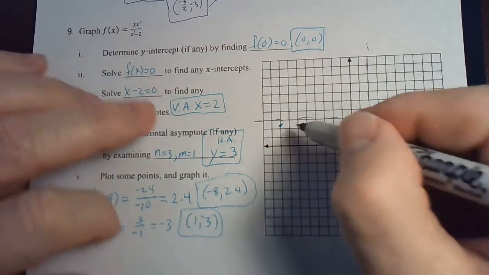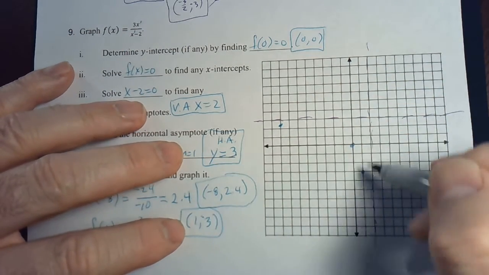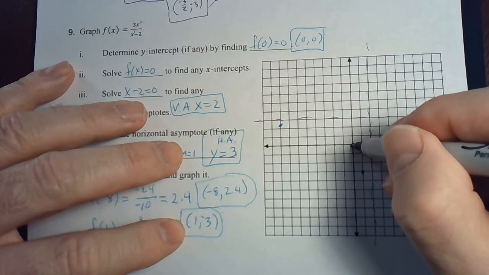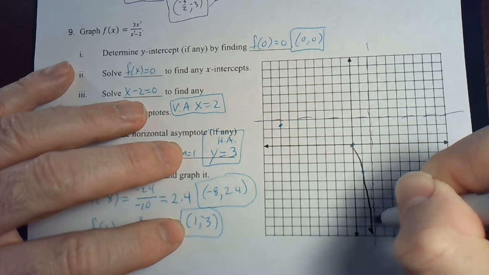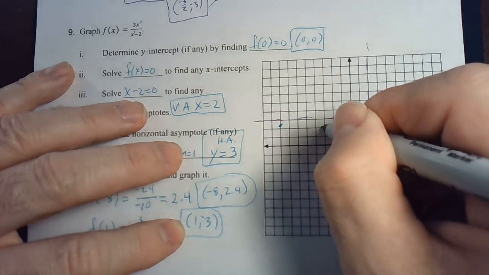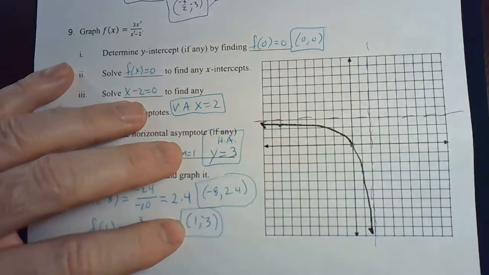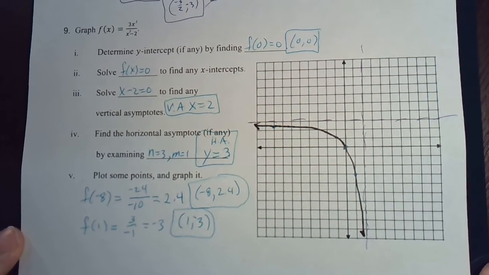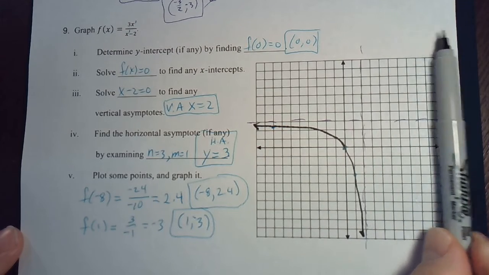So I'm going to go ahead and draw a smooth curve through these 3 points, and we know the asymptotes, the curve gets very close to those asymptotes. All right, like that.